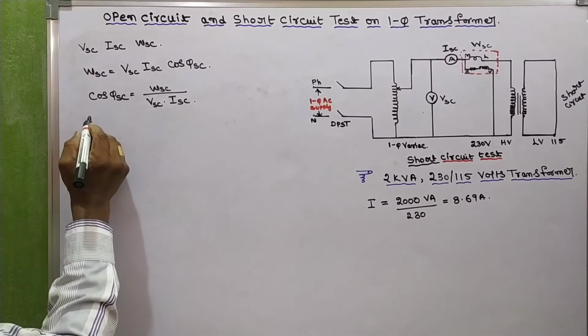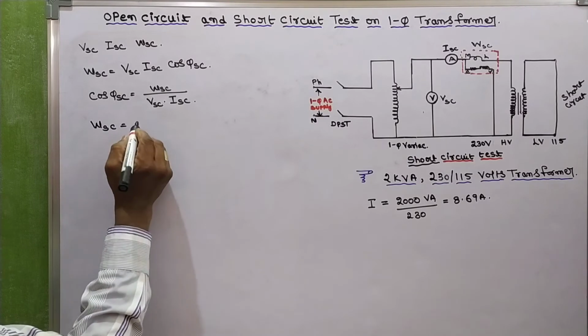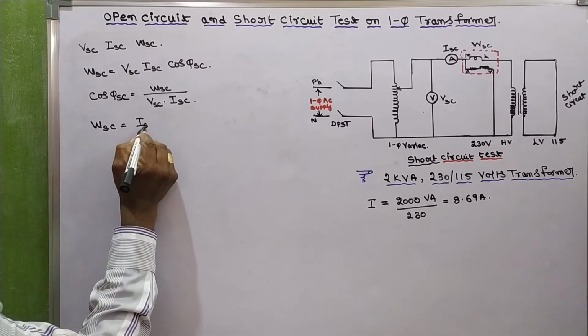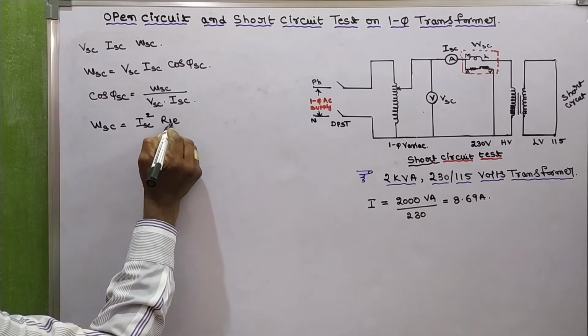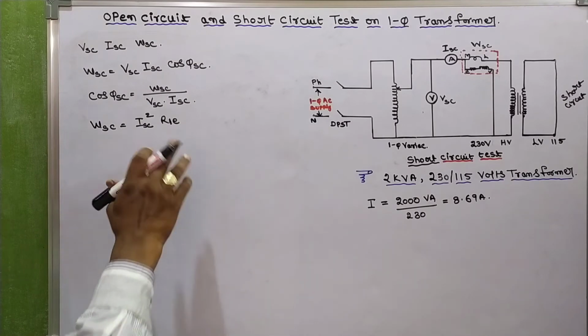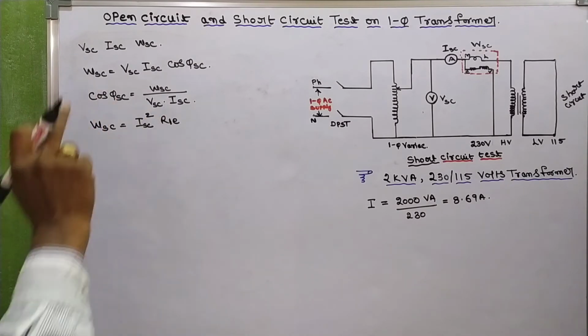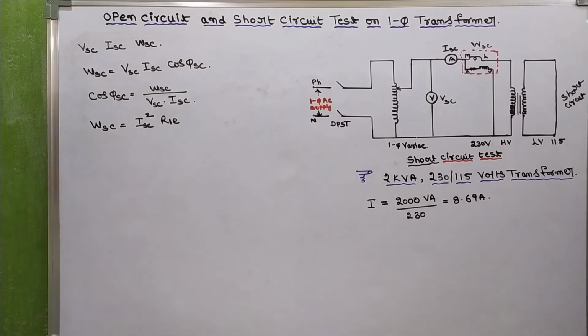And we have one more formula for WSC. WSC is equal to ISC square R1E, where R1E is the total resistance, or equivalent resistance, referred to the primary side.